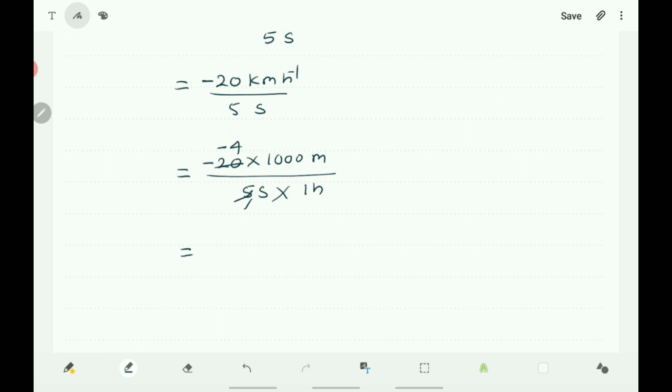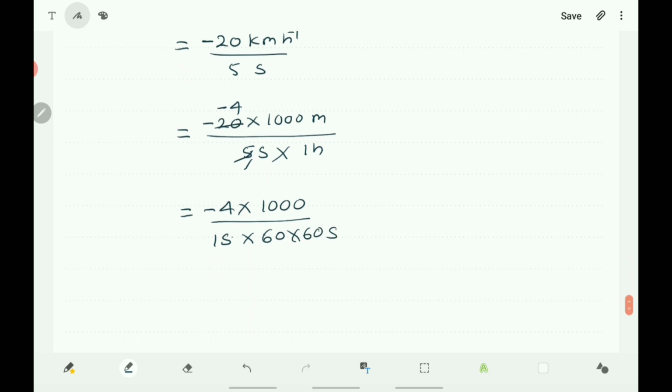So it becomes minus 4 into 1000 by 1 hour, that is 60 into 60 seconds.